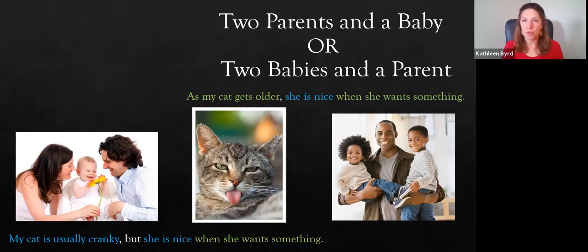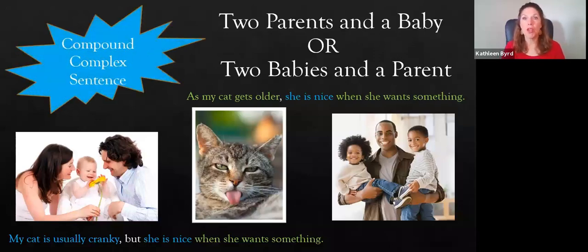As my cat gets older, and remember the dependent, the baby, it needs more help. So we want to put that comma, that extra help. As my cat gets older, comma, she is nice when she wants something. So if you have two of one kind and one of another, that's a compound complex sentence.